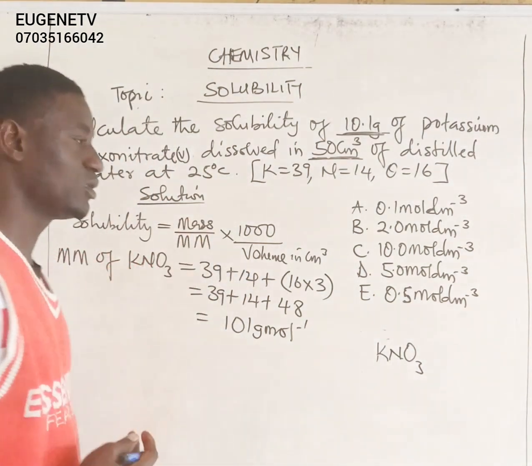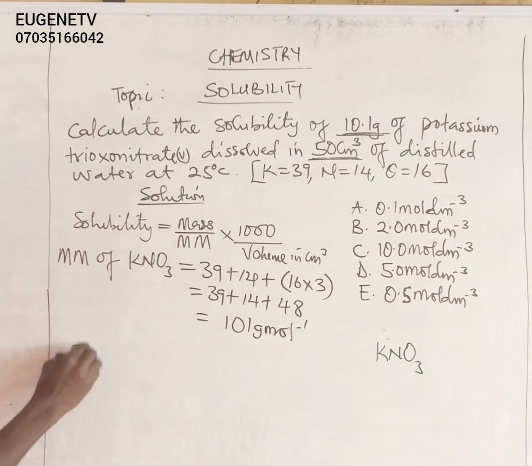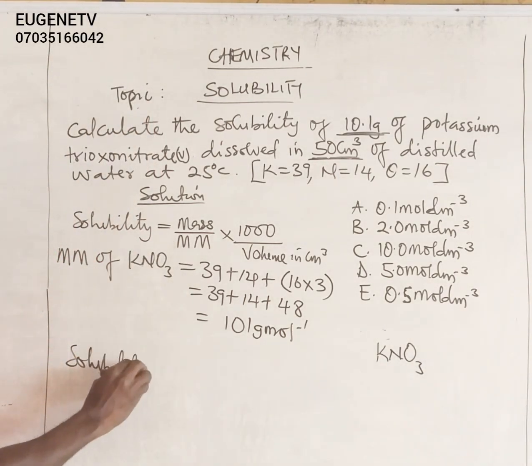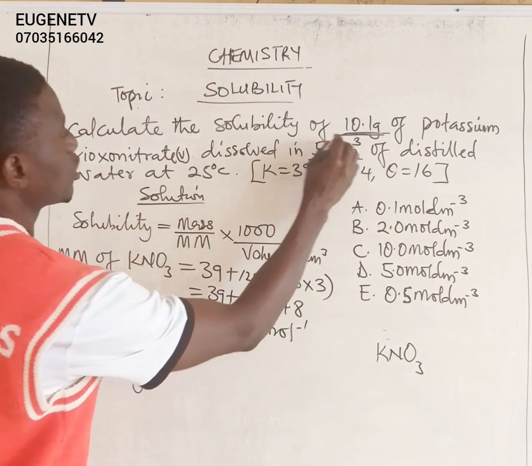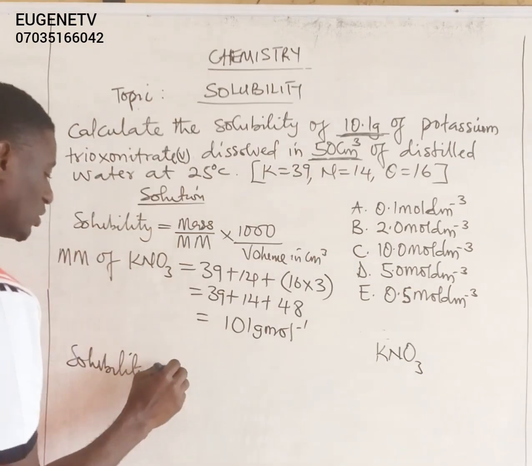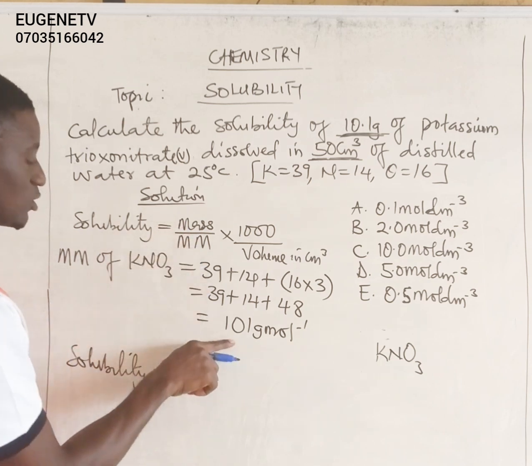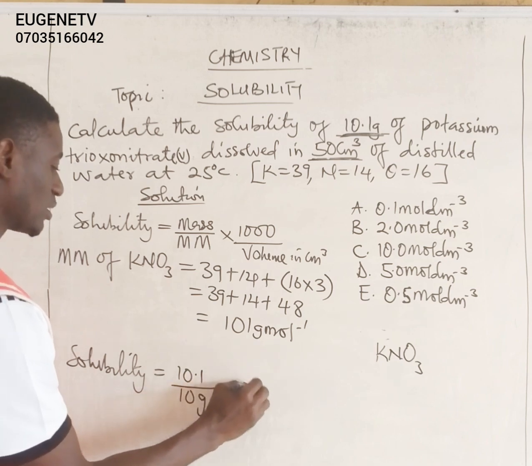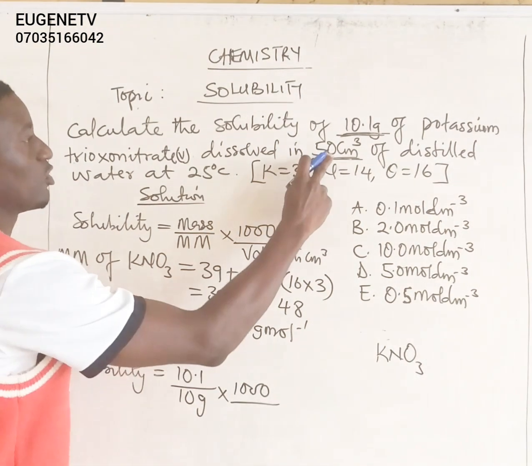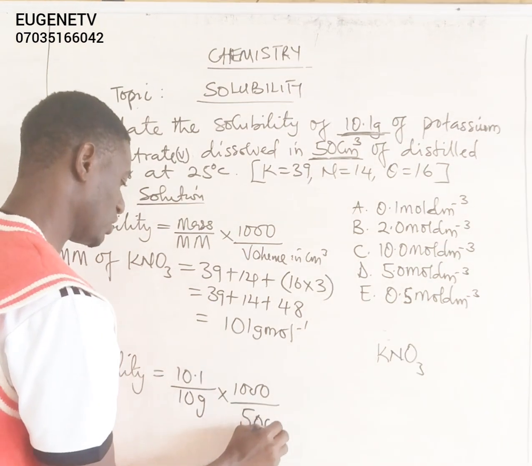We can now substitute into our formula, which says solubility is equal to mass. Remember, the mass we were given is 10.1 gram. So mass is 10.1. Molar mass, we calculated to be 101 gram per mole. We multiply by 1000 and then divide by the volume of the solution, which is 50 cm³.